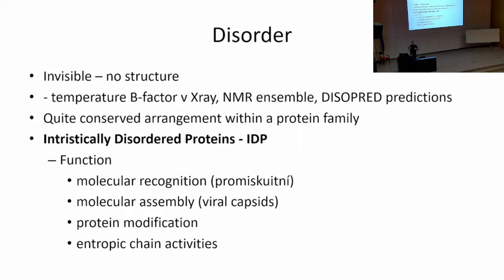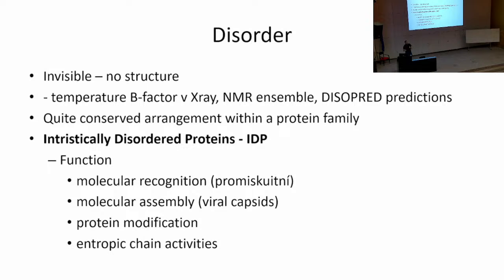And typically the N and C termini are the most flexible parts of a typical globular protein. But it's not always the case that you have just this; quite often you have one domain, another domain, and the part in between them is unstructured as well. So that's quite a typical situation as well.